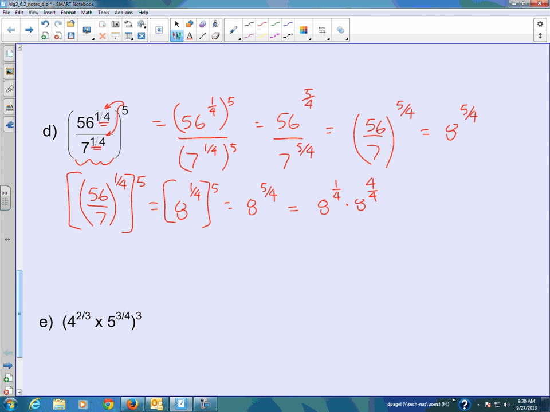So if I were to break 5/4 up, and again, here we are seeing the reverse property: 8 to the 1/4 times 8 to the 4/4 gives me 8 to the 5/4. And the reason we're doing this is because that's my whole part, which just gives me 8 times 8 to the 1/4. And that's really as far as we're going to go there.